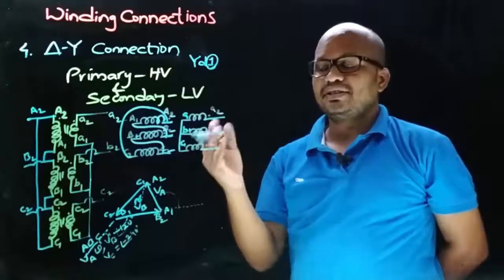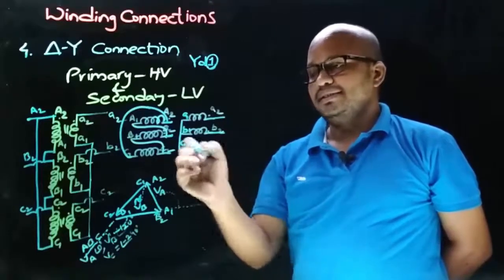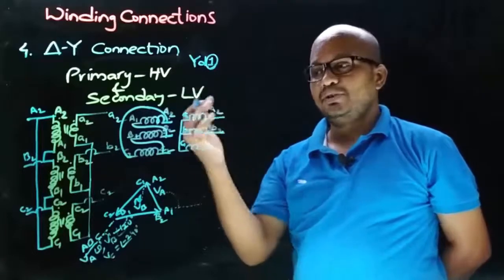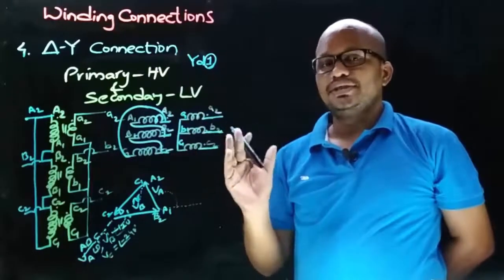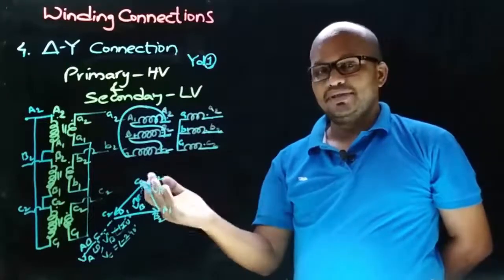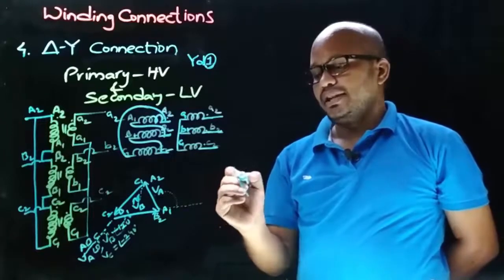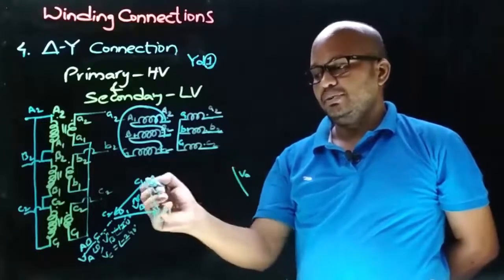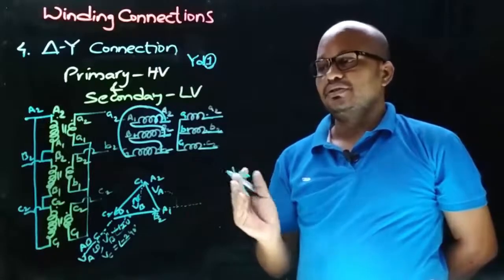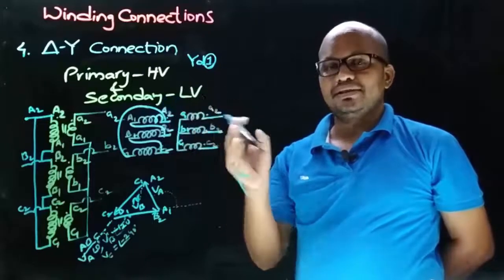Now let's draw the phasor diagram for the LV winding on the secondary side. As this is star connected, and we know that secondary side phasors are drawn parallel to primary side phasors, first let's draw the secondary side VA phasor parallel to the primary side VA phasor. Now we need to decide the direction. The direction depends on the connection we took on the primary side and secondary side.